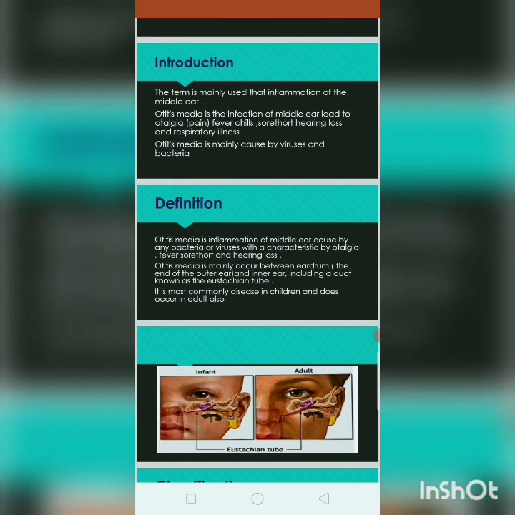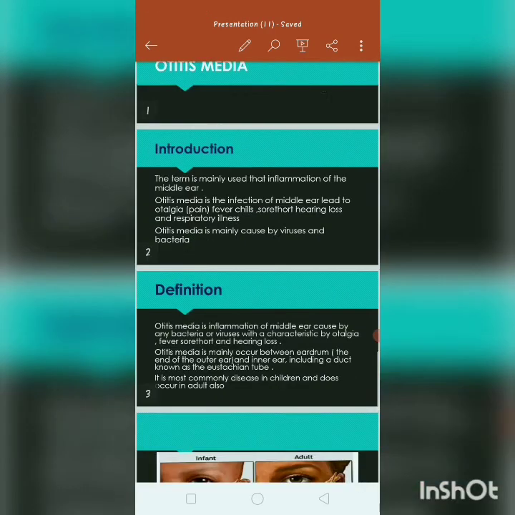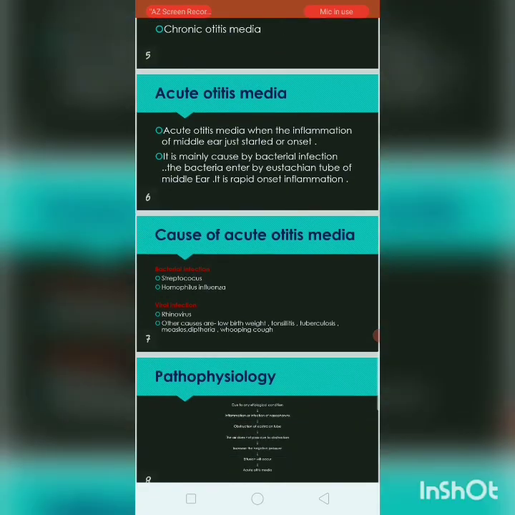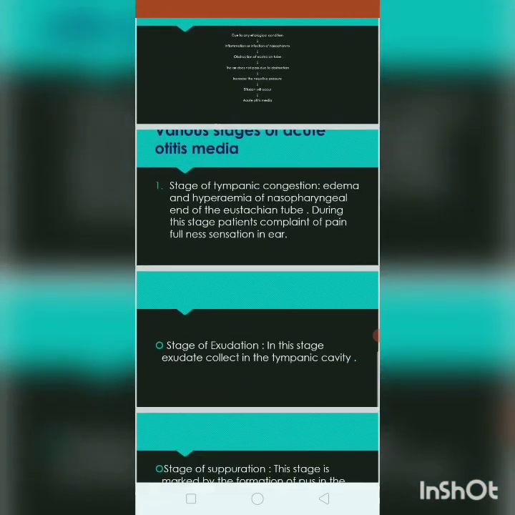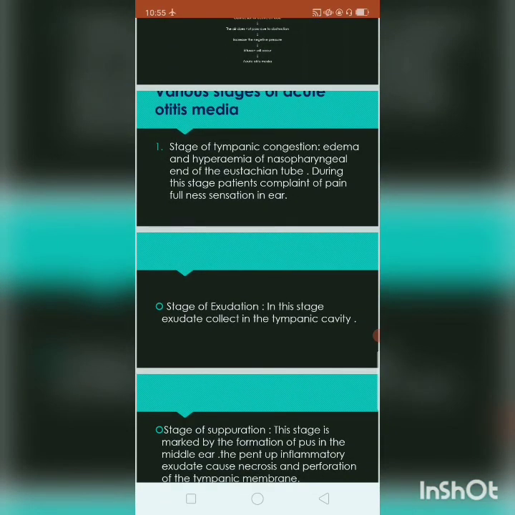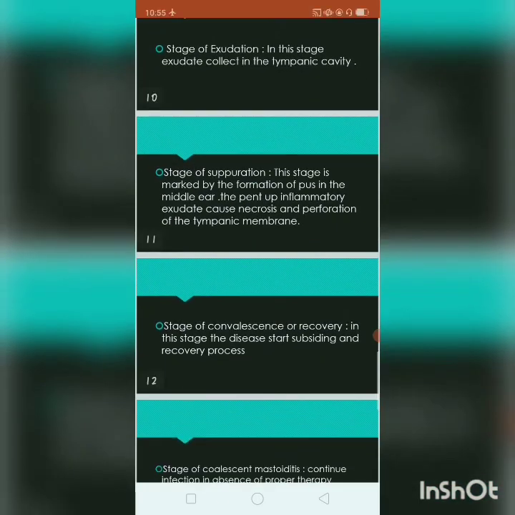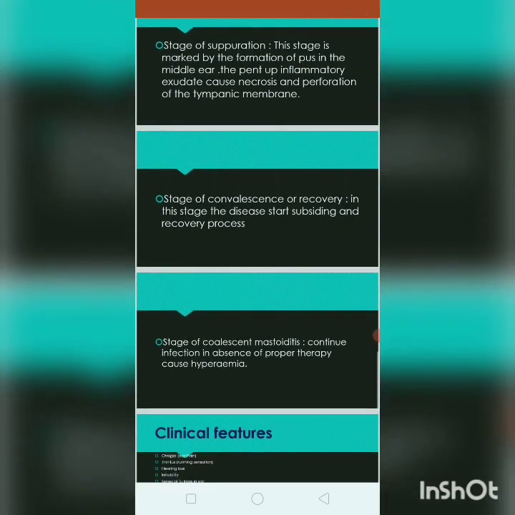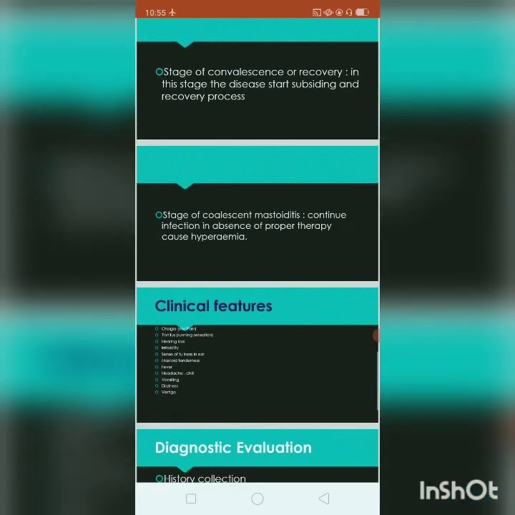Acute otitis media means the onset of infection, with otalgia, sore throat, hearing loss, and fever. The stages are the stage of tympanic congestion, extravasation, suppuration, convalescence or recovery, and coalescence mastoiditis.